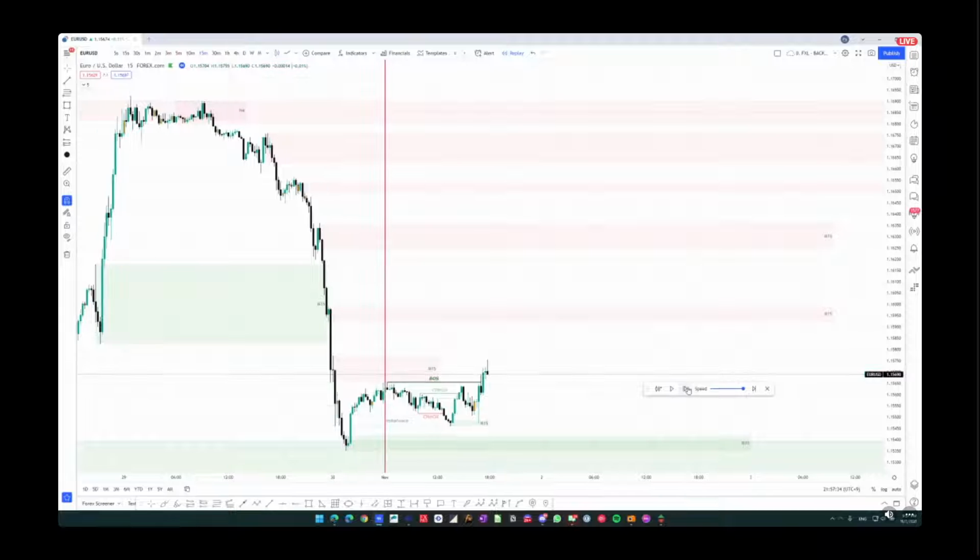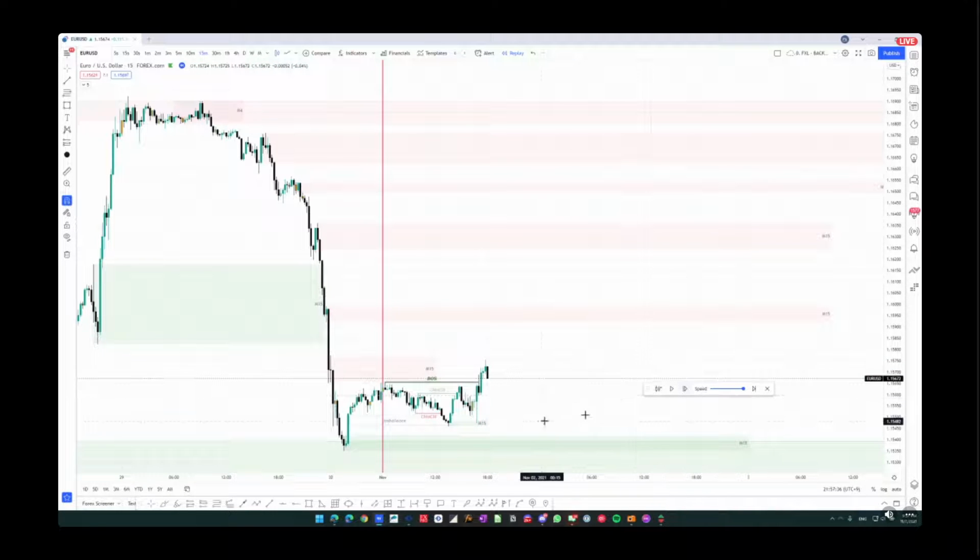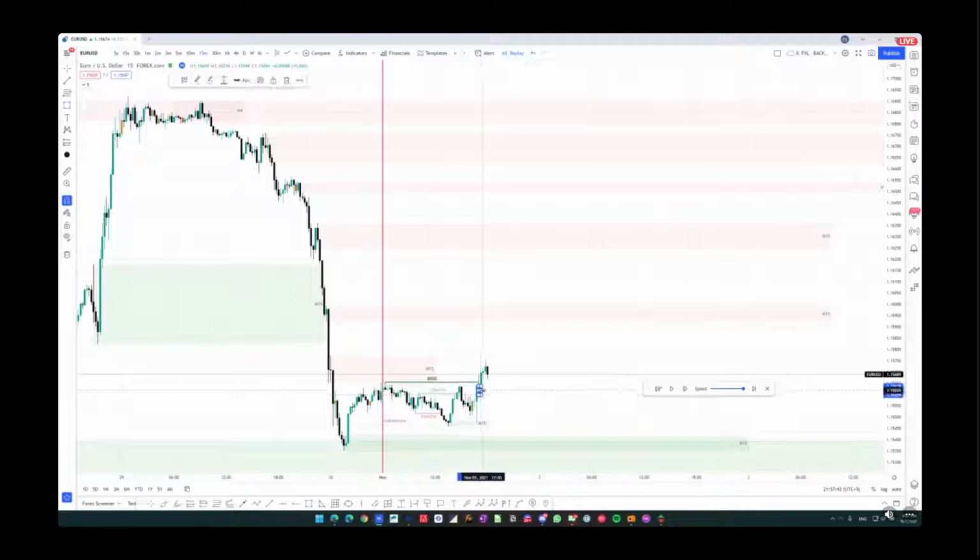Looks like we're starting to create some supply. Yeah, I was stuck there because I didn't realize I was in a discount, and I try to sell based on mini chop and it's not enough.